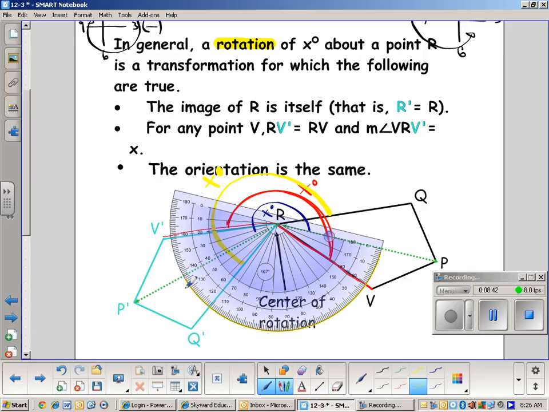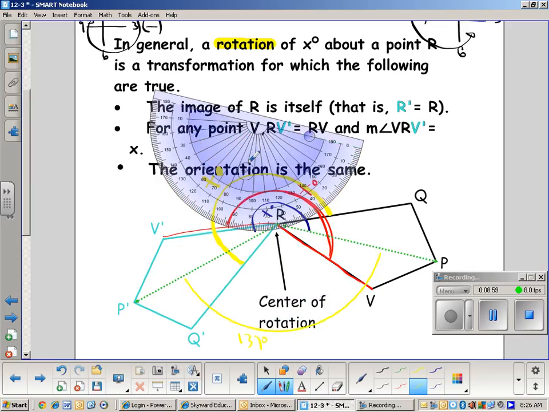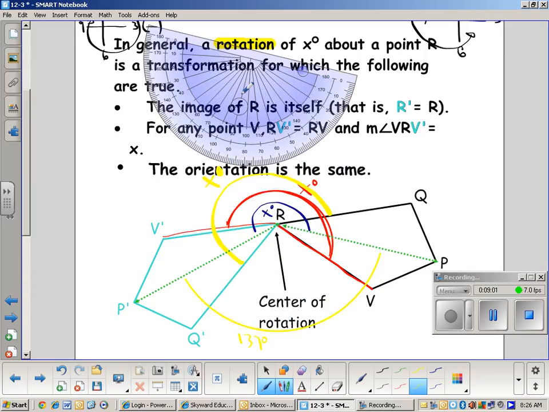Okay? And I'm going to measure that angle, and in this case it is 137. Okay? So that's 137 degrees.